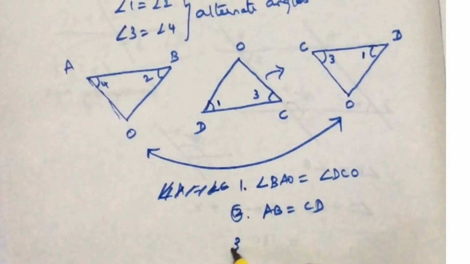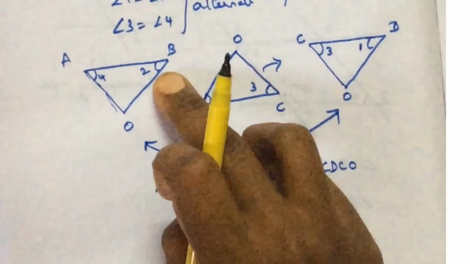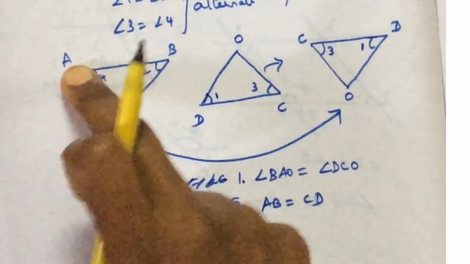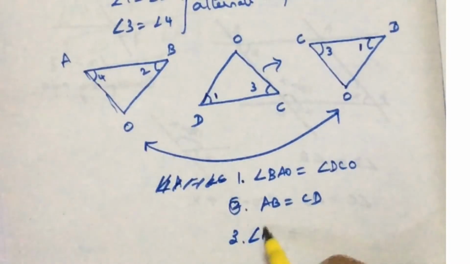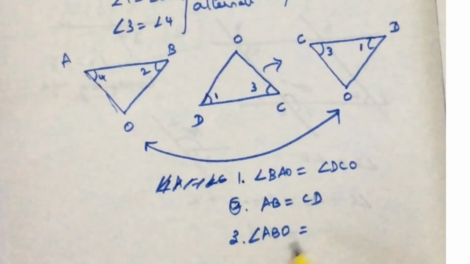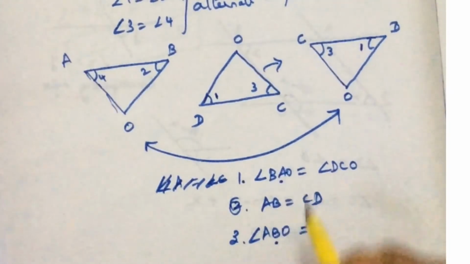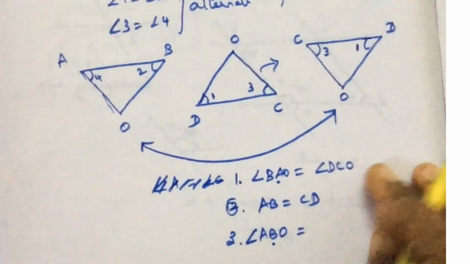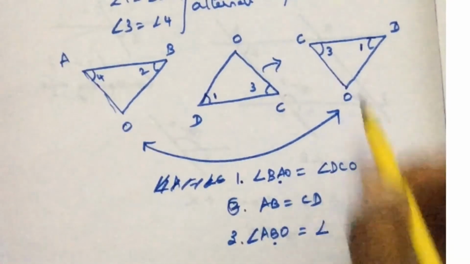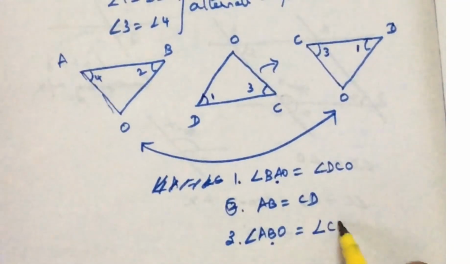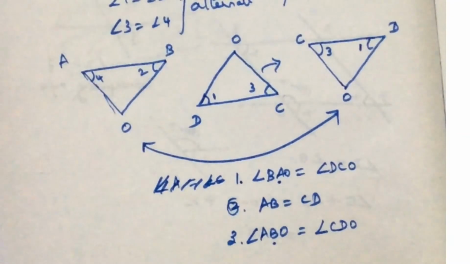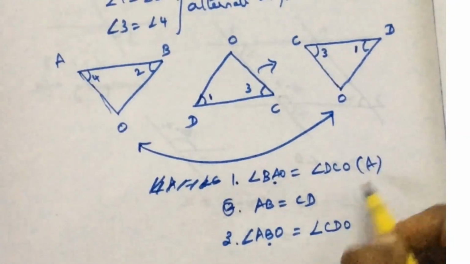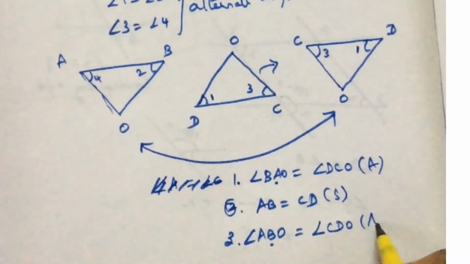The third case is this angle 2. What is that angle 2? ABO. The center one is the vertex of the angle. ABO is equal to angle CDO. So this is angle, side, angle.